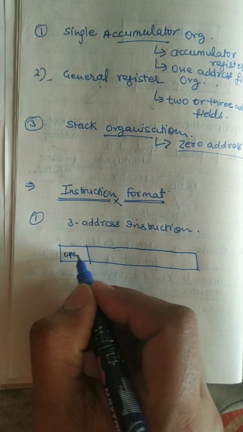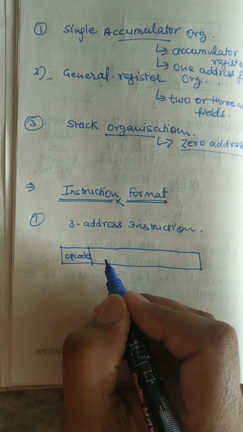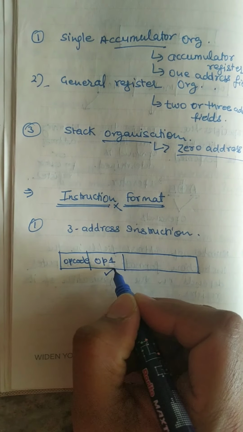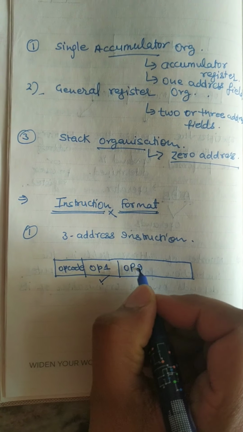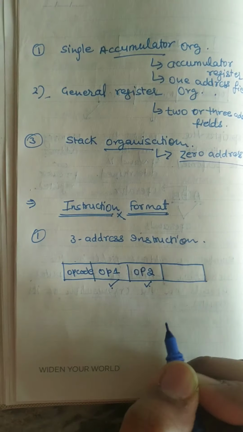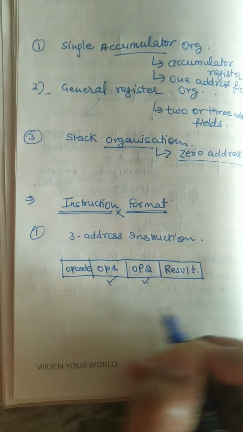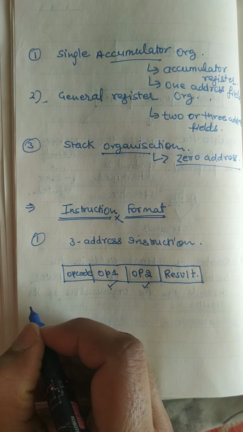The first field is for the operation code, that specifies what operation is to be performed. Then the second field is OP1, that is operand 1, the first operand on which we need to perform the operation, and then the second operand on which we need to perform the operation, and then the result field where we will save the result of the operation.